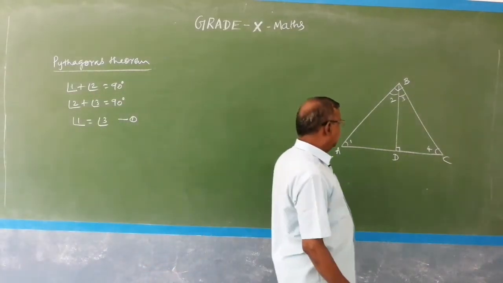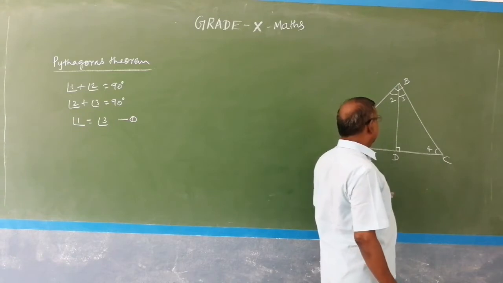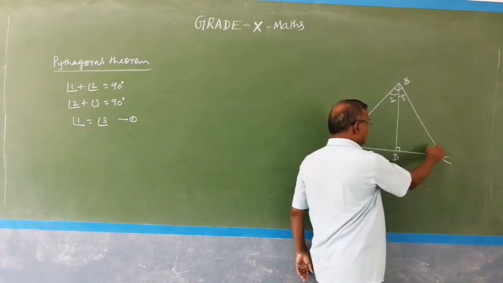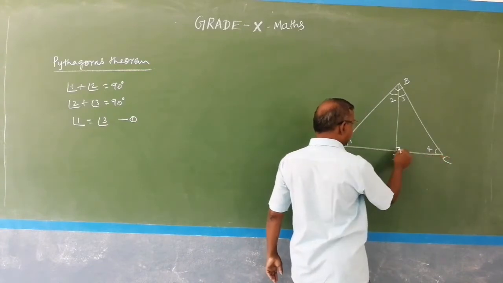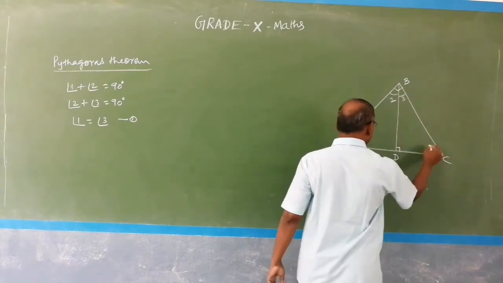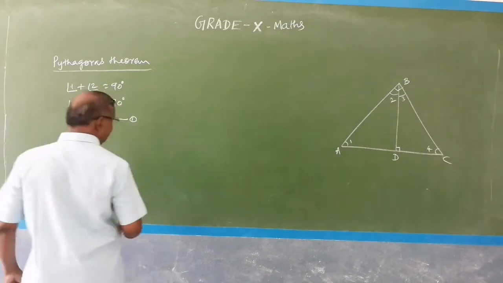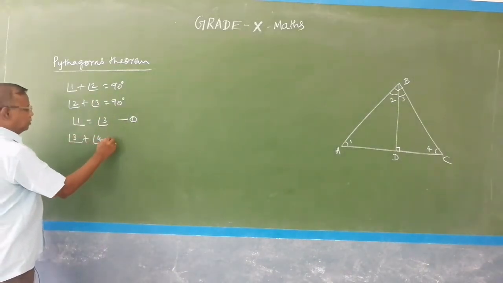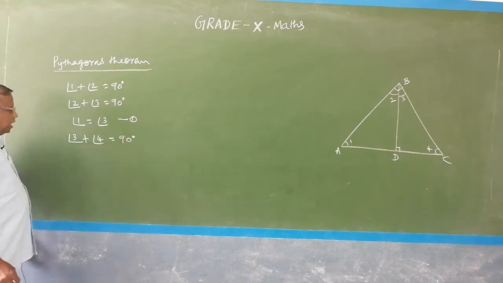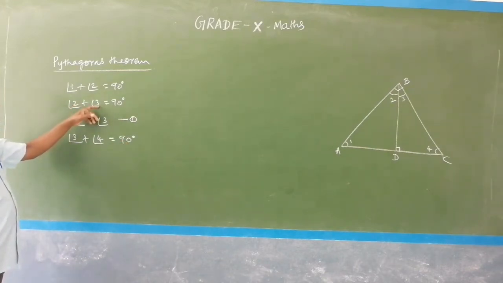Consider triangle BDC. Here angle 3 plus angle 4 equals 90, because BDC is a right angle triangle with D equal to 90, therefore the sum of these two is 90 only. So angle 3 plus angle 4 equals 90 degrees. But angle 2 plus angle 3 equals 90 degrees.